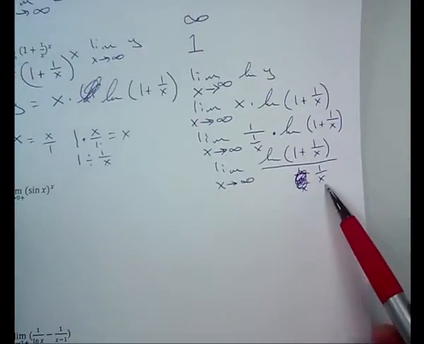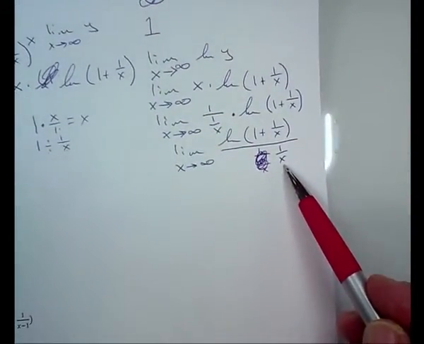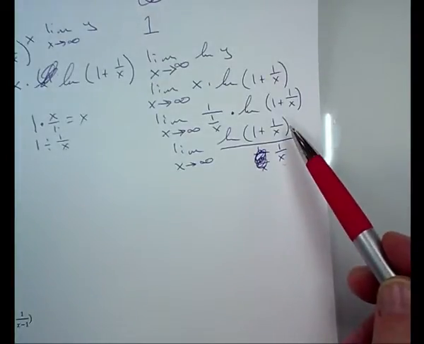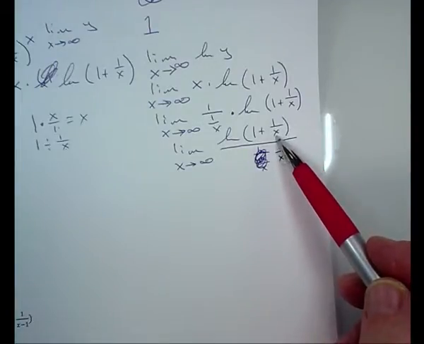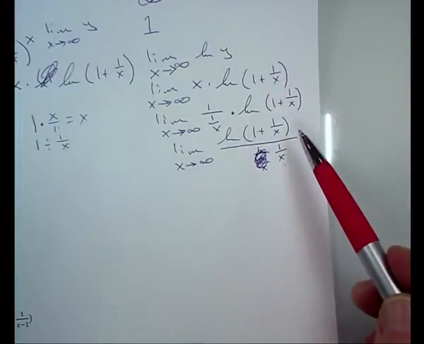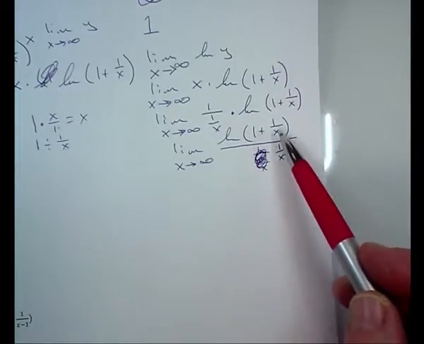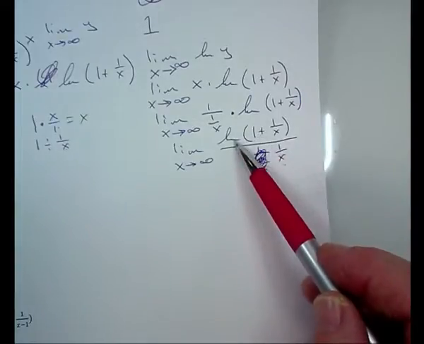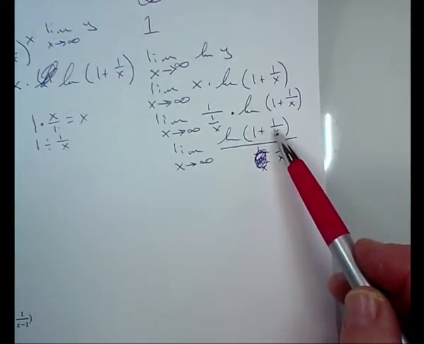Where is this headed? 0. Do you agree? This function is headed to 0, correct? 1 plus 0 is 1, correct? The natural log of 1 is what? 0.